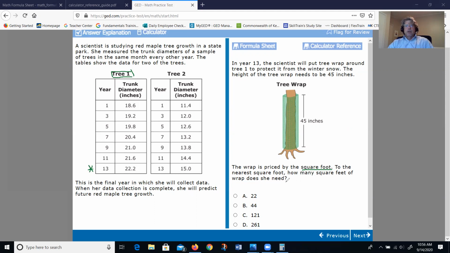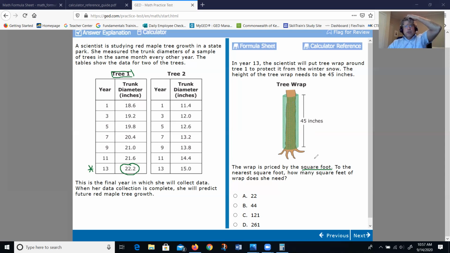That's the unknown. Some things that are known is year 13, we have this diameter of 22.2 inches. That's something that's known. Something else that's known is through the picture, we see that this is a cylinder. And we also have this height that's in inches as well. Well, first thing I pick up on is this has got to be in feet.